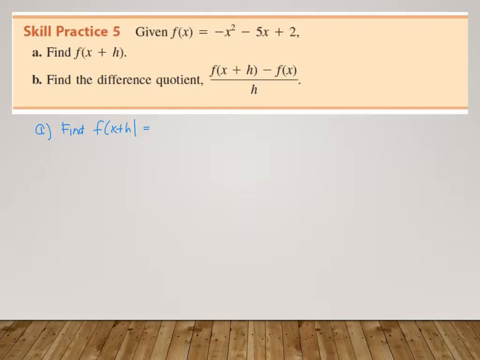So now we just do a minus (x plus h) squared minus 5 times (x plus h) plus 2, and that will give us the following. For part A, we get negative x squared minus 2xh minus h squared minus 5x minus 5h plus 2. So there it is.